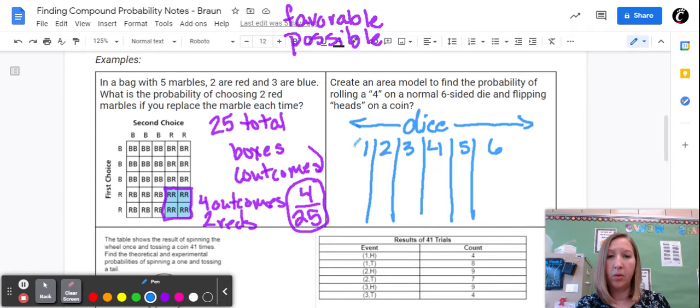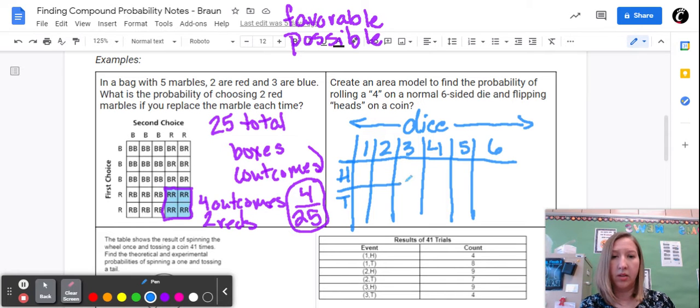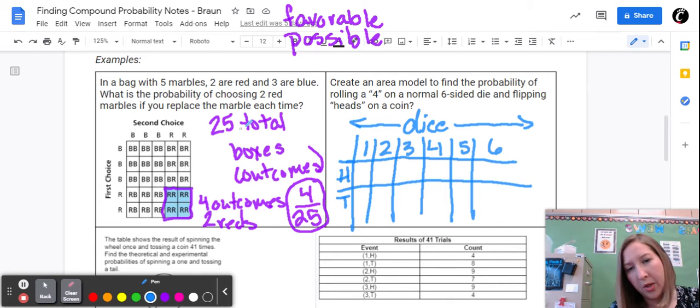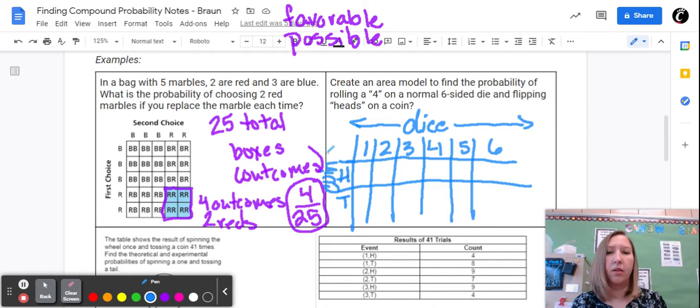And then I also have my action of flipping my coin. And those outcomes are going to be either heads or tails. So I'm going to put heads here, tails down here, and I'm going to separate these. All right, so over here, I'm going to try and fill this in. So these are for my coin. Okay, so now I'm just going to fill in my table.